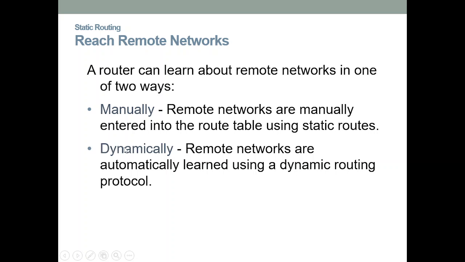And the other way a router can learn about a remote network is by the use of the dynamic routing protocols. We shall see those later on. So these are the two ways a router can learn about a remote network: either by the manual method or by the dynamic method.